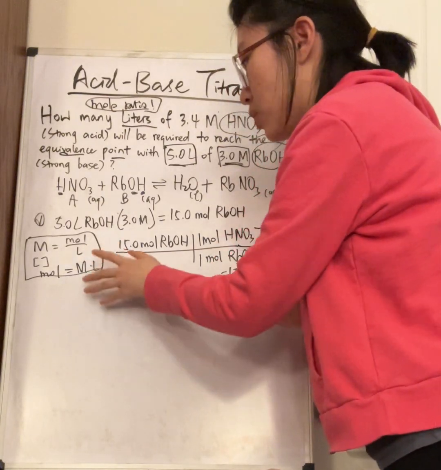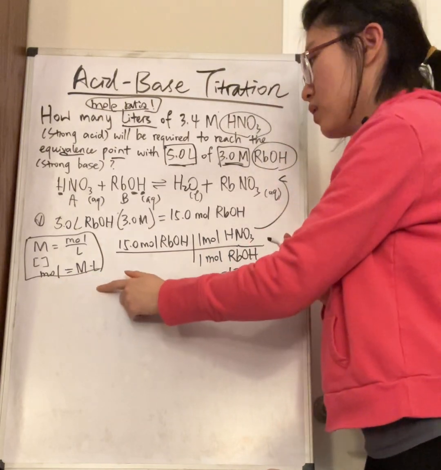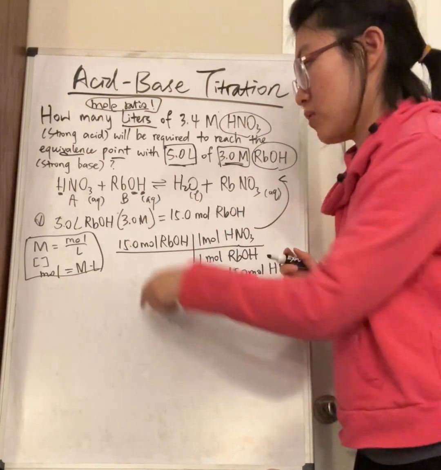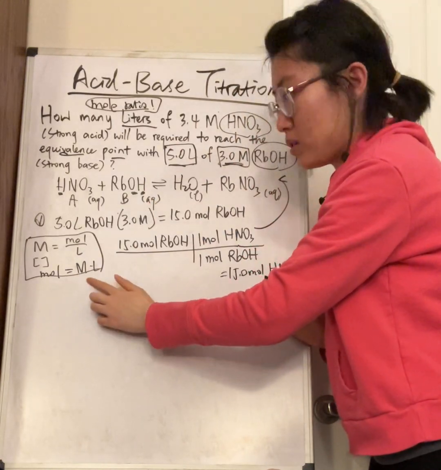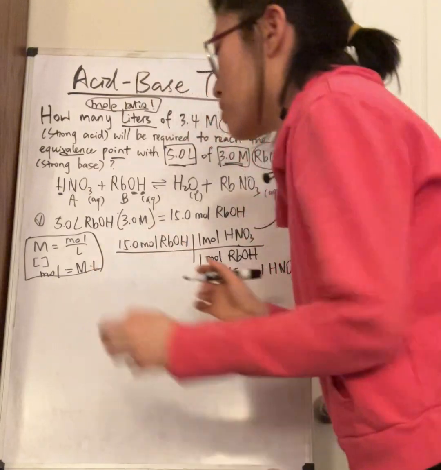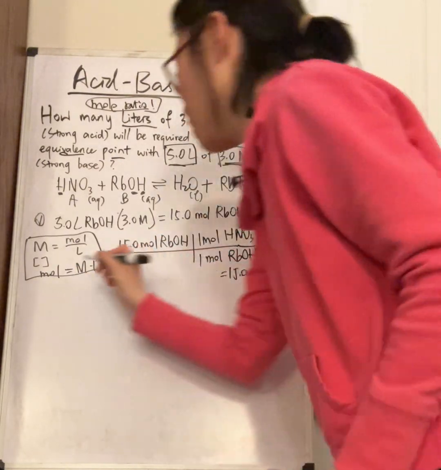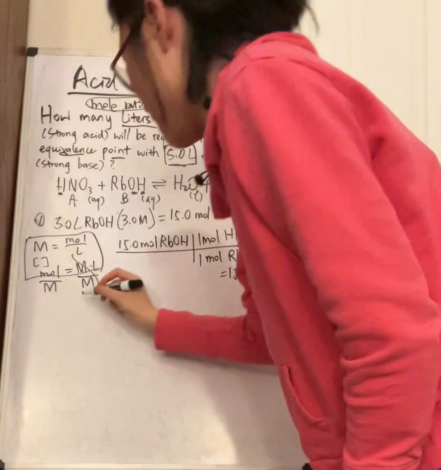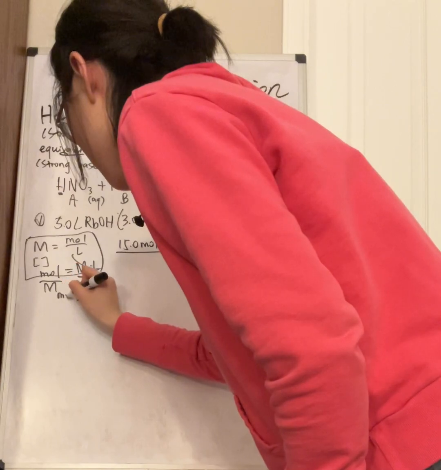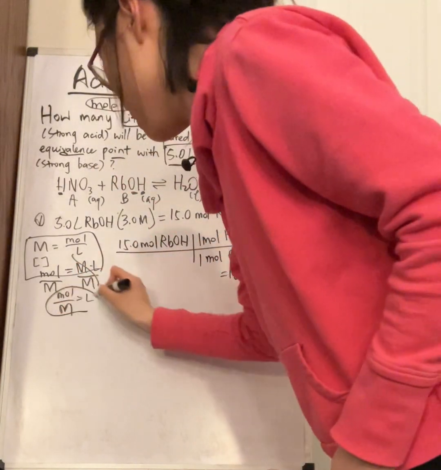Well, we can actually use the variation at the bottom from our previous solving step. We already found that moles is equal to molarity times liters, right? So we can just divide both sides by the molarity, and the molarity on this side cancels out. Liters is just equal to moles over molarity. Really cool, right? We have the formula right here.